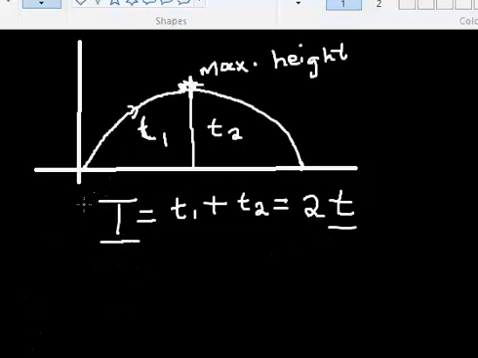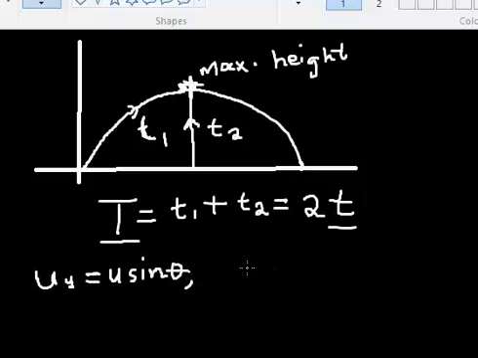So now how does that actually happen? I will have to write my parameters. First of all, I will write the initial velocity. Because I'm looking at the time to reach the maximum height, I'm considering the vertical component of the velocity. So the vertical component of the velocity, don't forget this, is u sine theta.